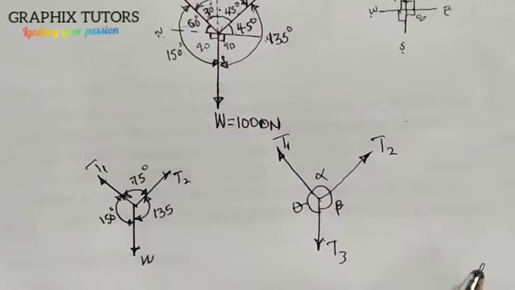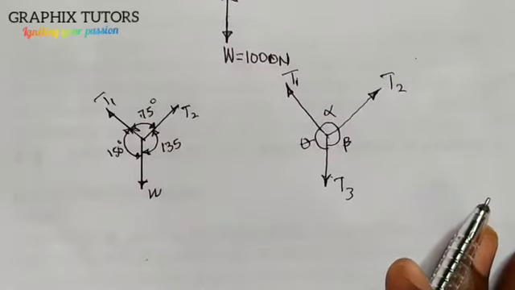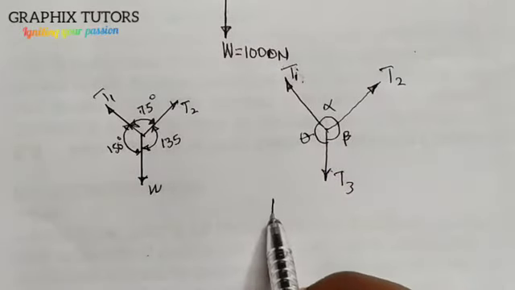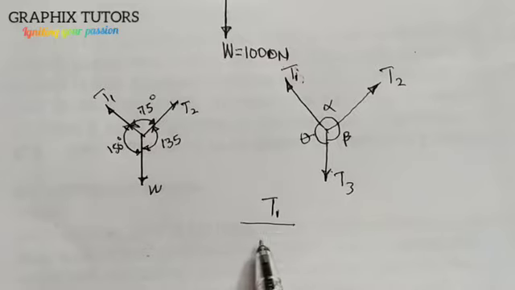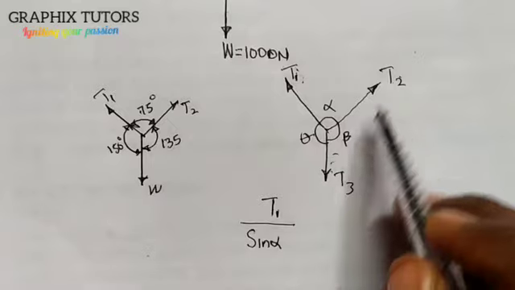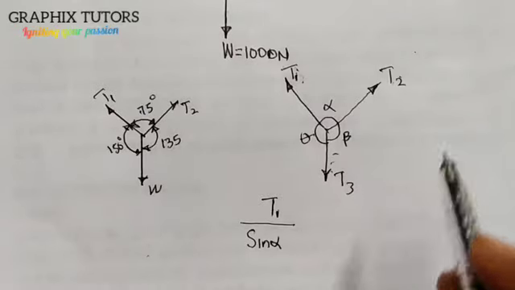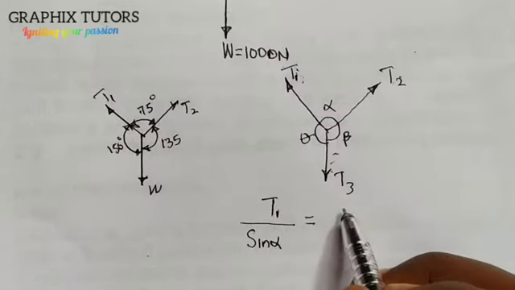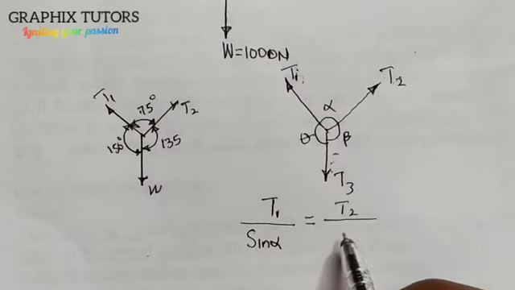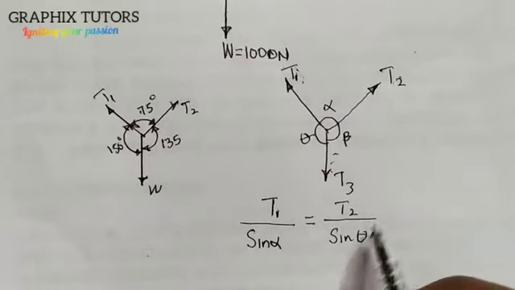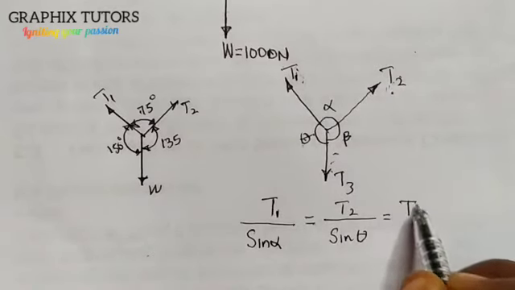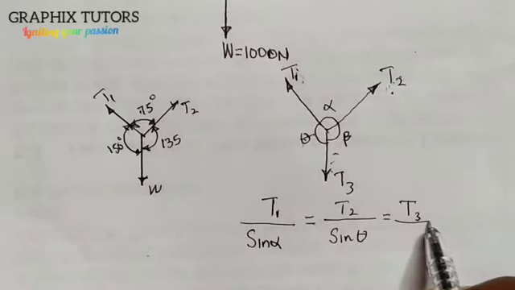Lami's theorem is telling me that I'm going to take the force over the sine of the angle between the two other forces. So T1 over sine alpha is equal to T2 over sine theta, because it is opposite it, then T3 over sine beta.